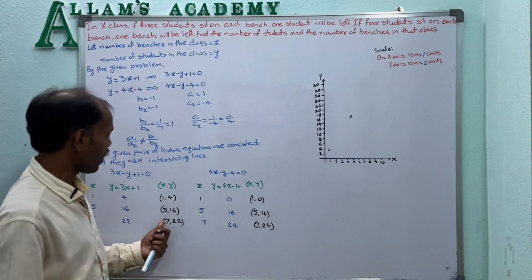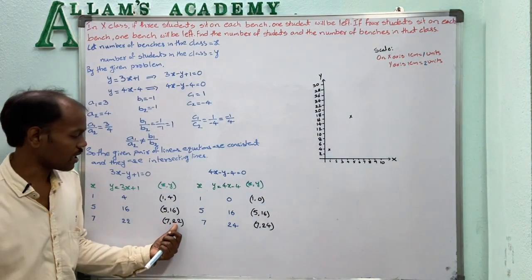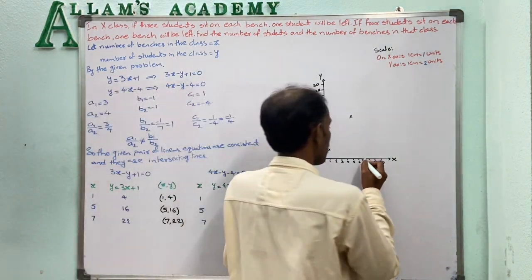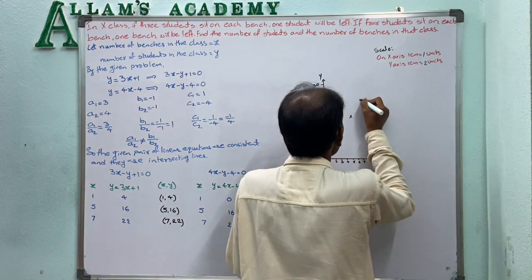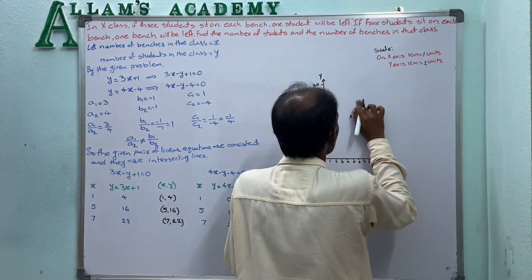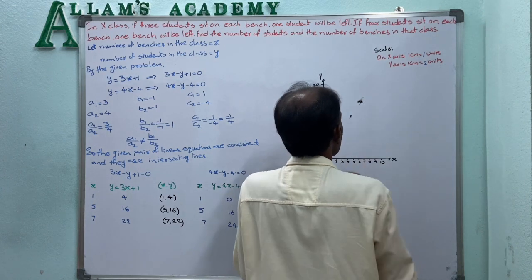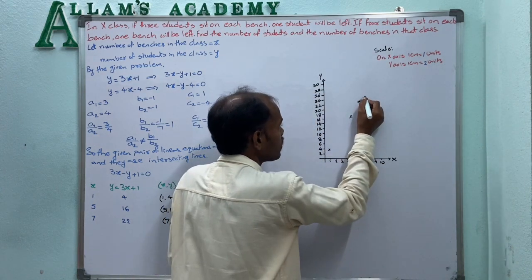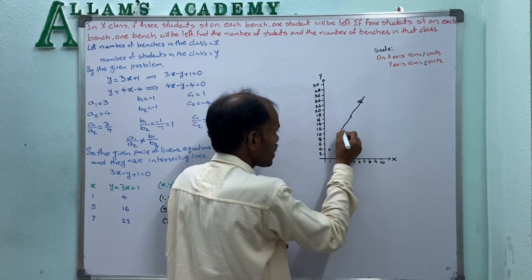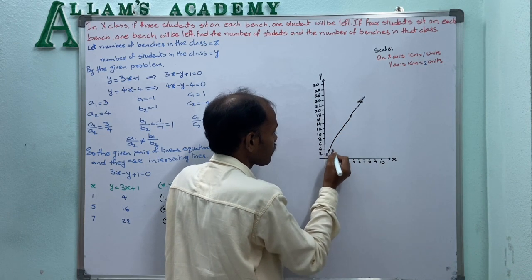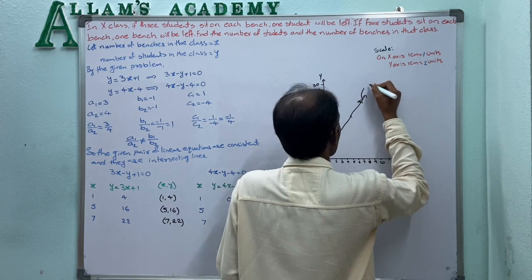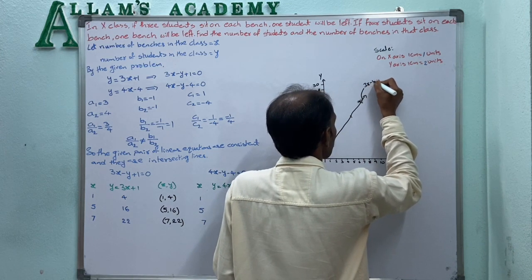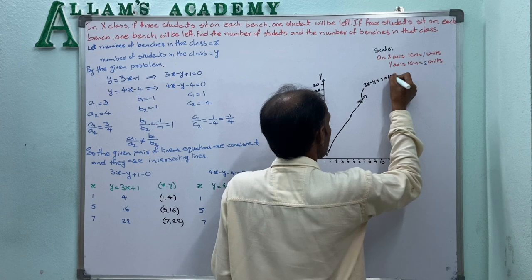Next, for x coordinate 7, the corresponding y coordinate is 22. Now if we join all the points, we get a straight line, and it is 3x minus y plus 1 equal to 0.